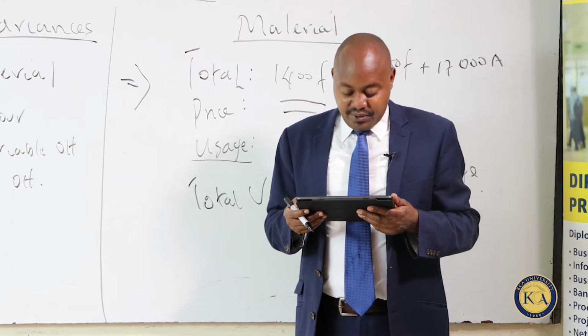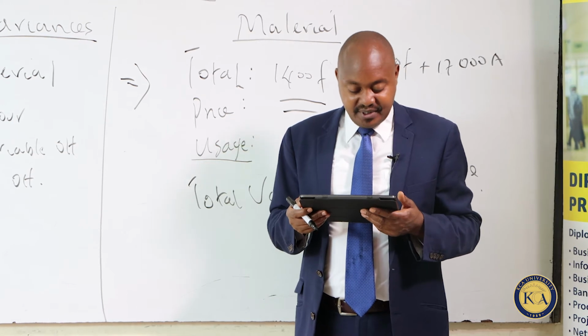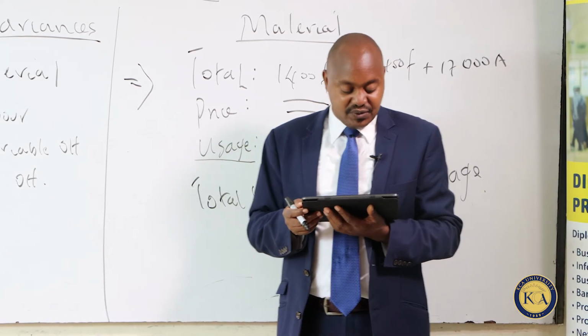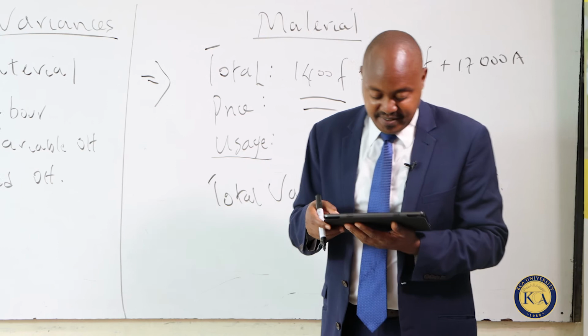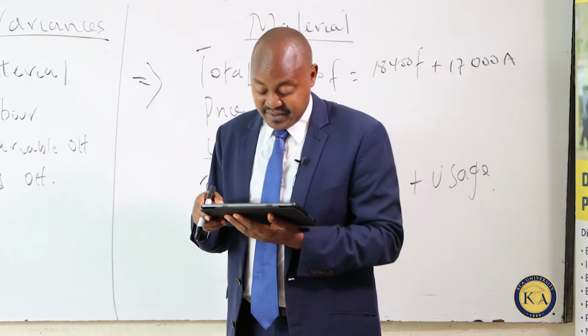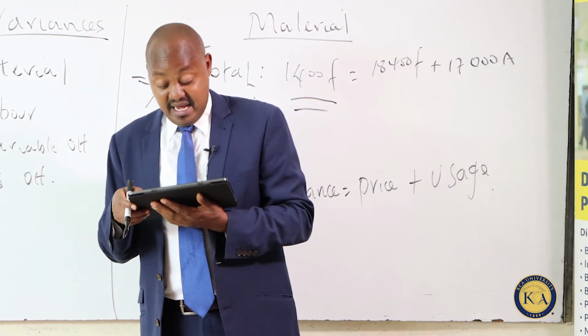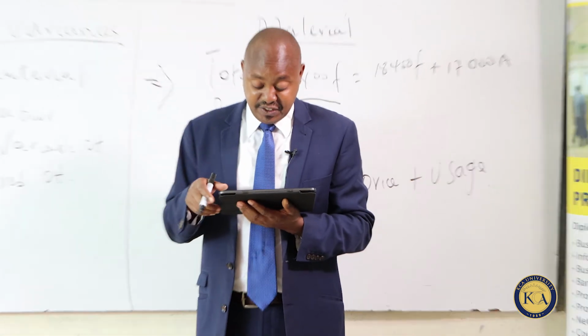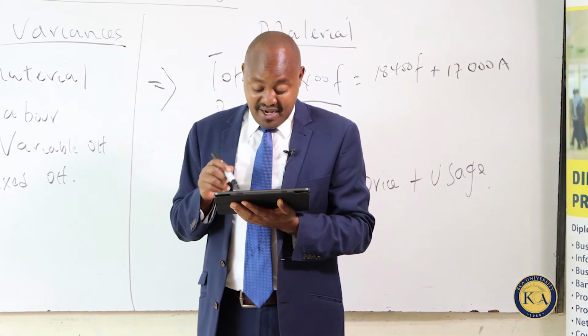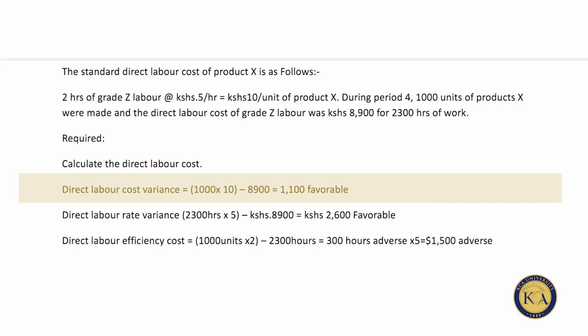According to the standard cost card that I can see here, every unit should have used 2 hours of grade Z labor, and that should have cost 5 shillings per hour, and that should be 10 shillings per unit. So 1,000 units should have cost 10, and that should be 10,000 shillings.